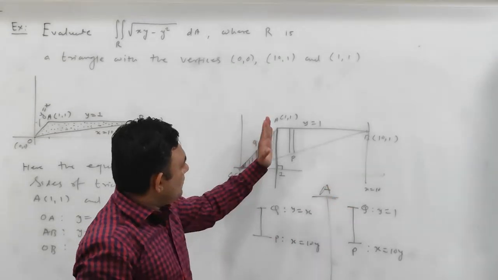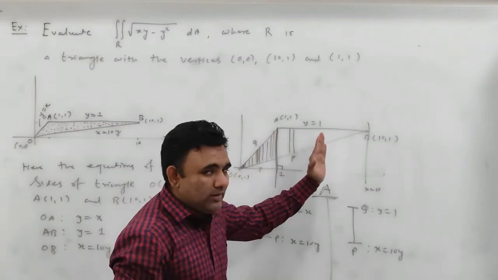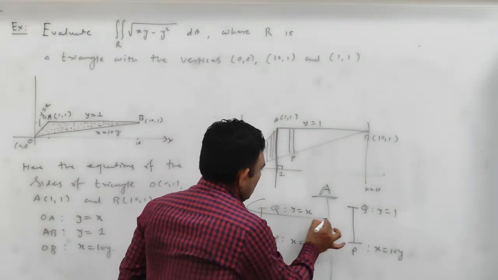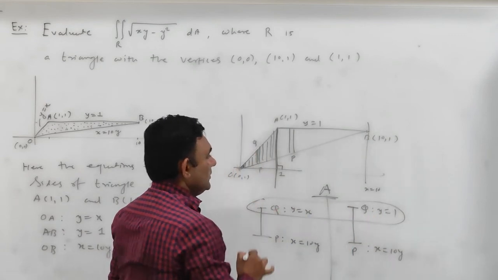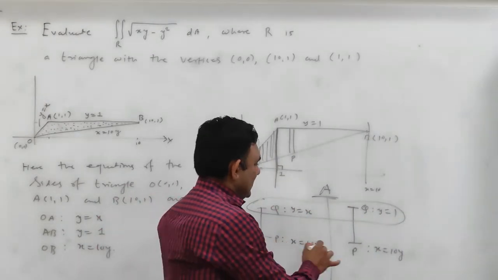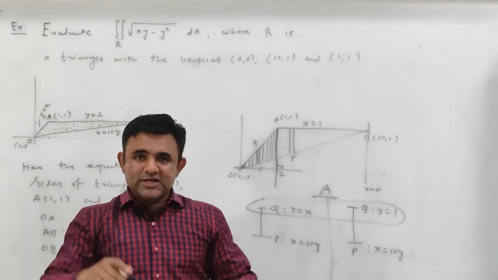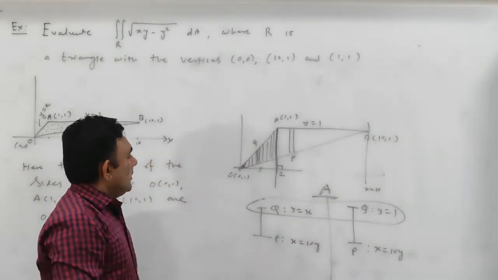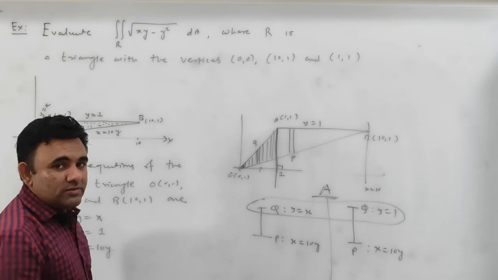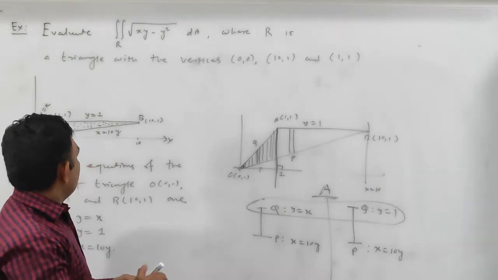So once it crosses the point A, the upper end of the strip gets changed, from y equal to x to y equal to 1. Yes, the lower end will remain the same, but the top end will change. Okay, but let us think about the second case, that is the horizontal strip.